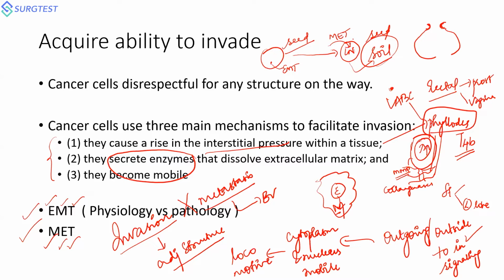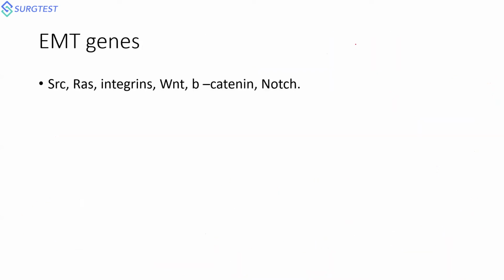Not all the cells that undergo epithelial to mesenchymal transition become metastasis. What is visible as metastasis are those which have got a favorable environment. The soil has to be fertile soil to promote deposition and multiplication of cells.